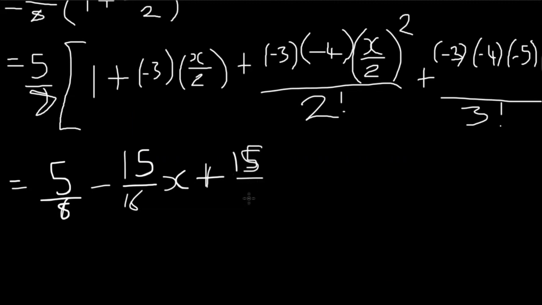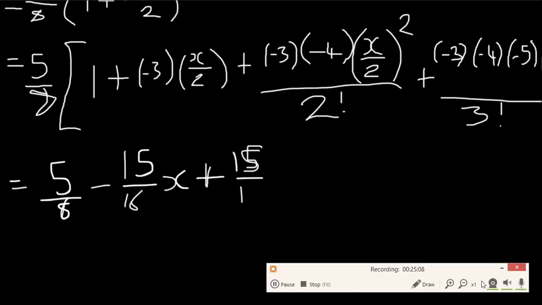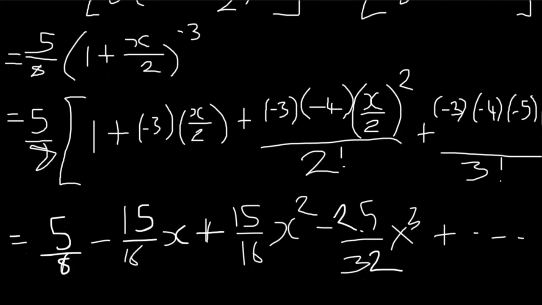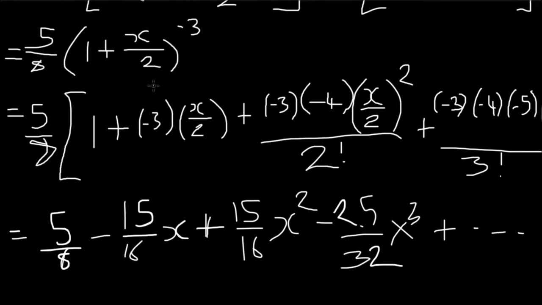And then remember, the question is also telling us to state the limits for which this x is going to be valid. So to get the limits for which this x is going to be valid, you come back to this expansion that you are expanding here, x over 2. So this one, 5 over 8, 1 plus x over 2. You only get this part.